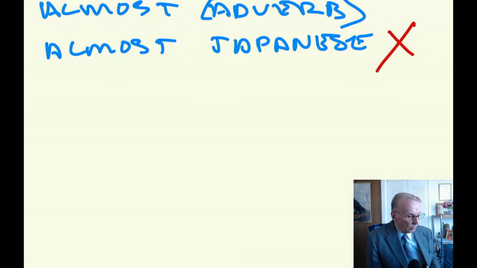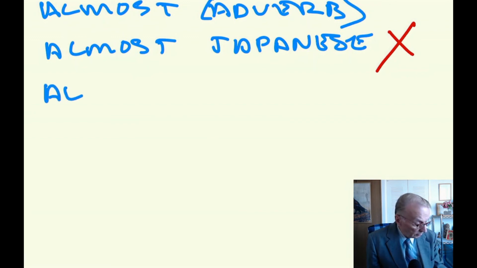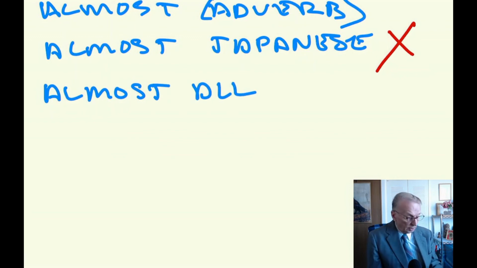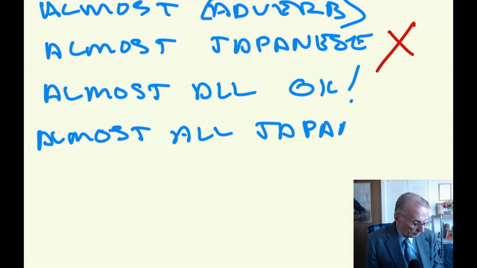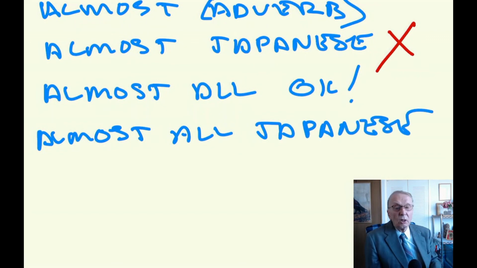However, remember in our examples that we just saw, you could say almost all. This is okay. So, since almost all is okay, it is possible to say almost all Japanese.